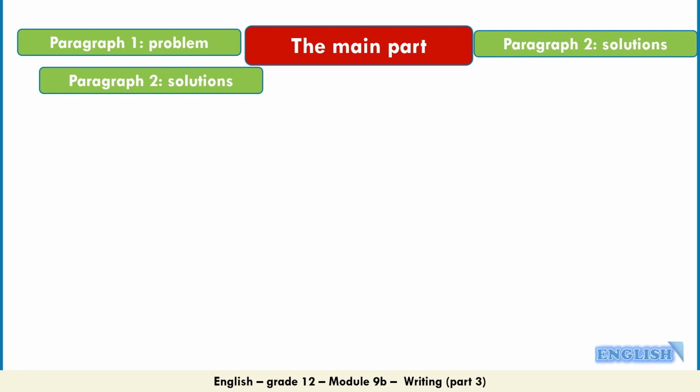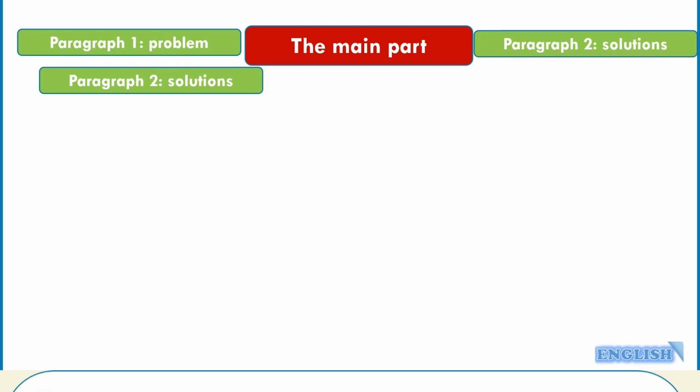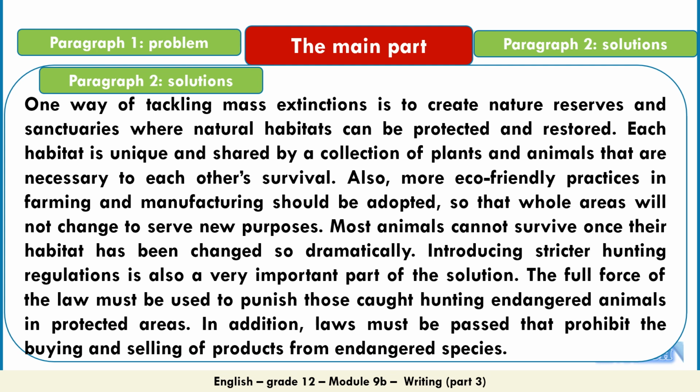Moving to paragraph 2, in which you are going to talk about the solutions, we can say, for example, one way of tackling mass extinctions is to create nature reserves and sanctuaries where natural habitats can be protected and restored.